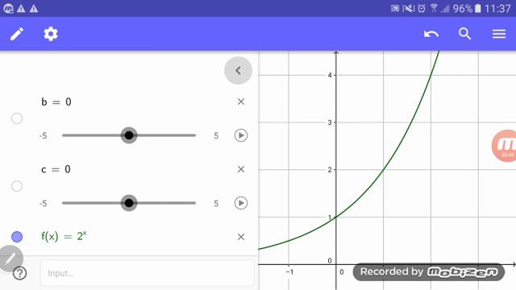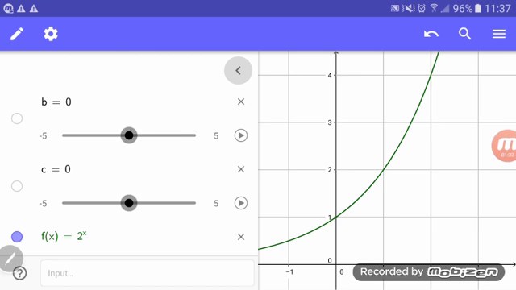Another important thing to note is that it passes through the y-axis at 1. This is because the basic equation of an exponential graph is some number to the power of x. As you can tell by my equation in the bottom left hand corner, my base number is 2. When x is equal to 0, the power is 0, and anything to the power of 0 is always equal to 1.